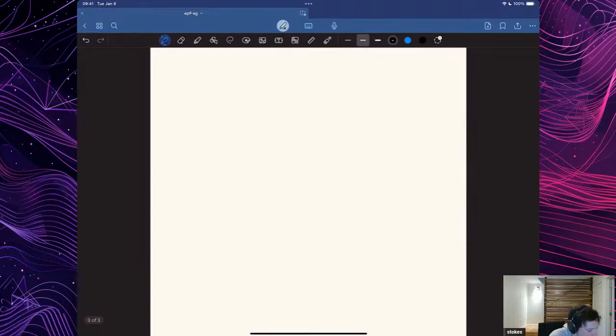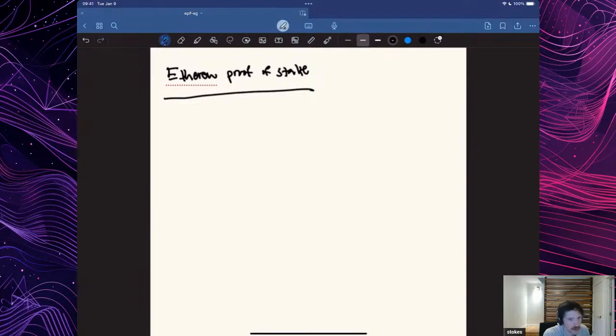So let's look at Ethereum proof of stake. Let me think about where I want to begin. I guess just to set the stage: within Ethereum, we have these in-protocol consensus actors, the validators.